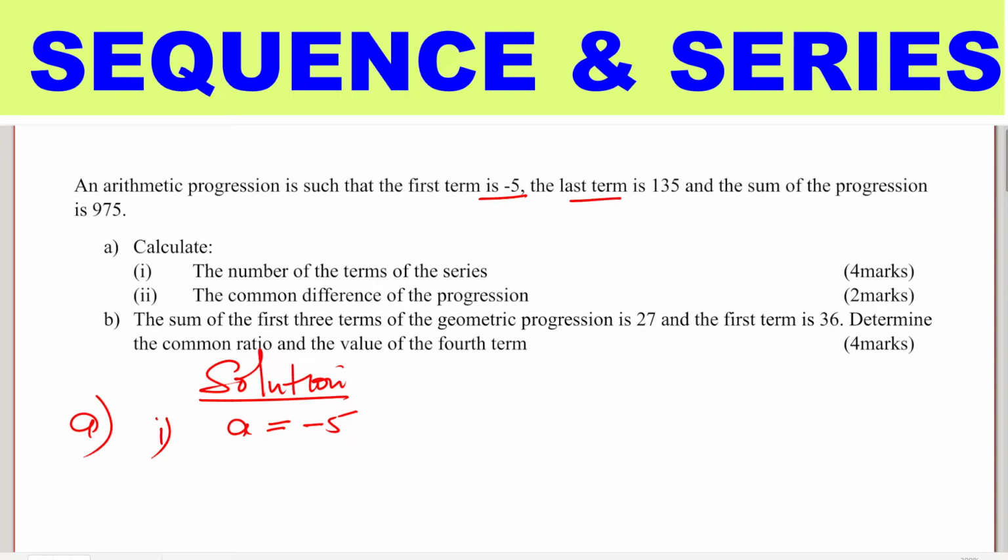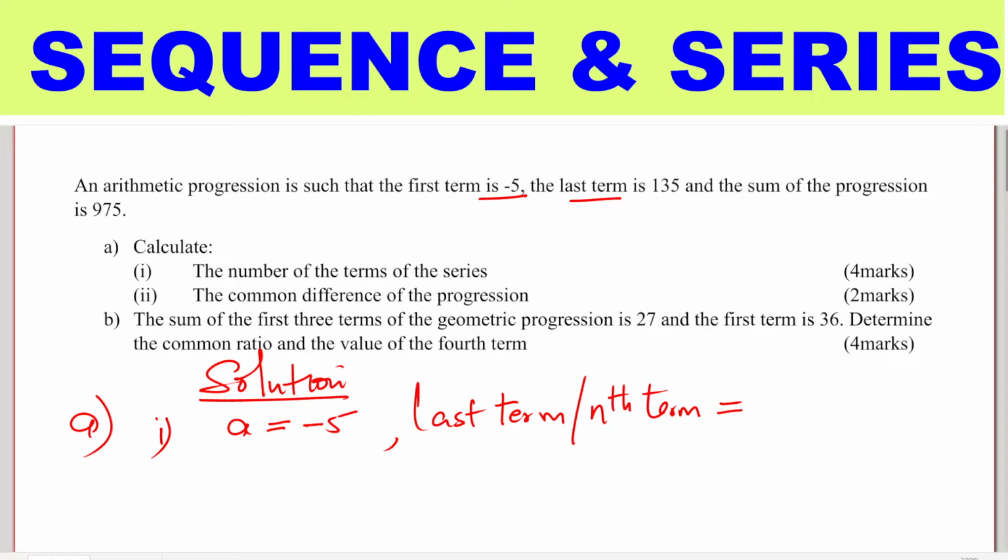And the last term is 135. So the last term, in this case, is the nth term. The last term, you're going to equate that one with the nth term. And how do we get the nth term of an arithmetic progression?